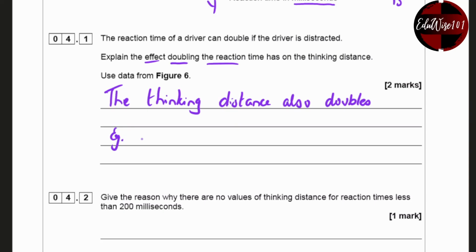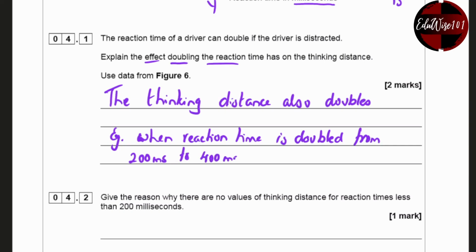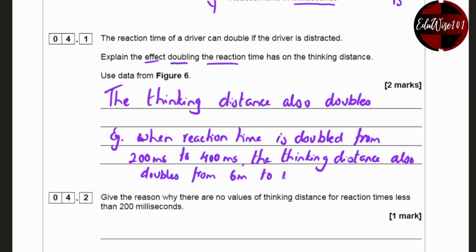Example, when reaction time is doubled from 200 milliseconds to 400 milliseconds, the thinking distance also doubles from 6 meters to 12 meters.